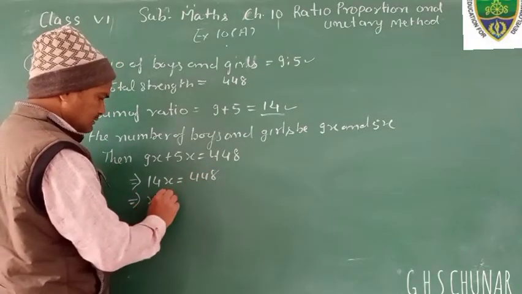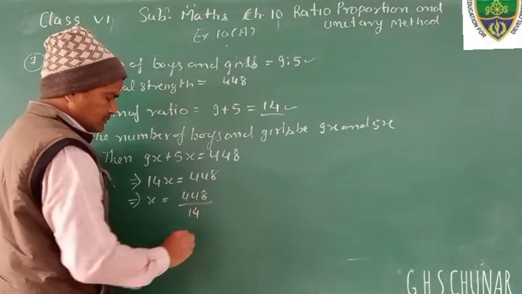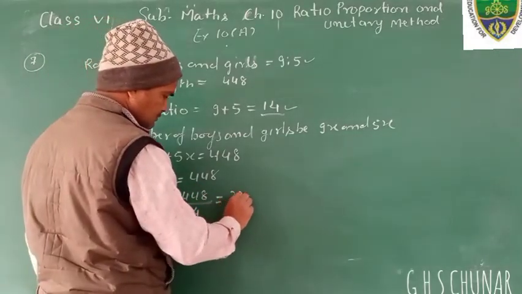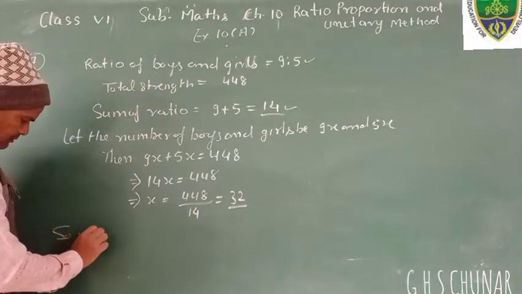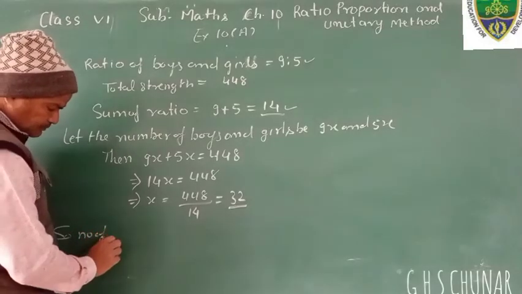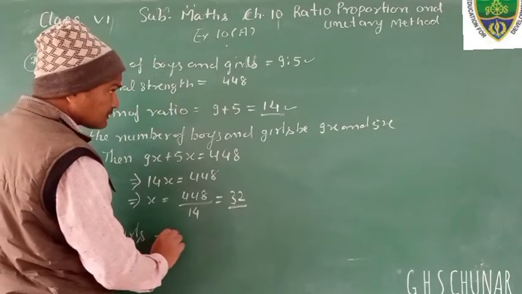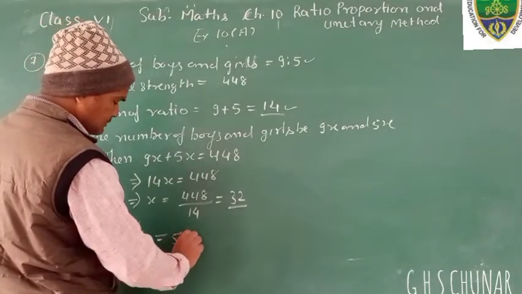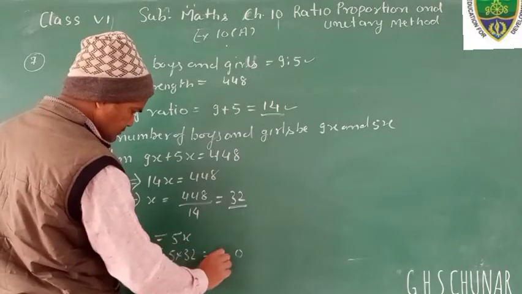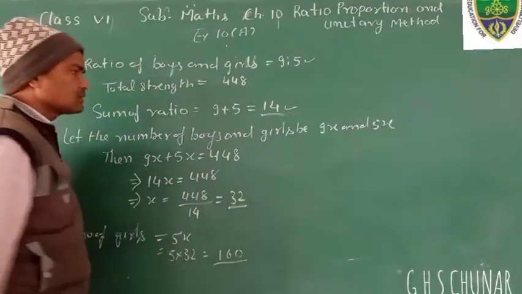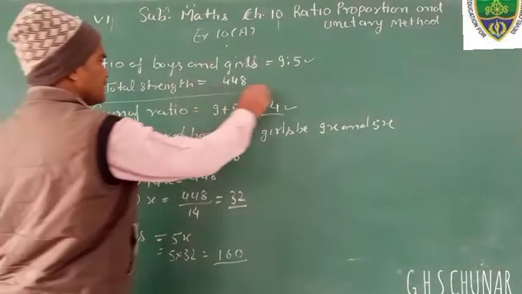This implies x is equal to 448 upon 14, that is 32. So the number of girls be 5x, that is 5 into 32, that is 160. There is no need of this line.